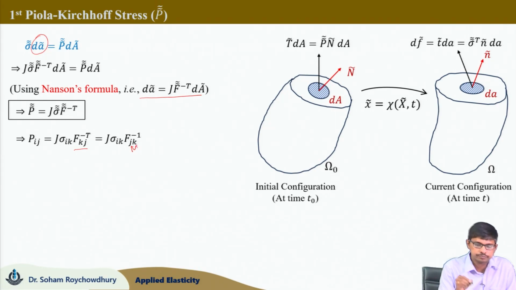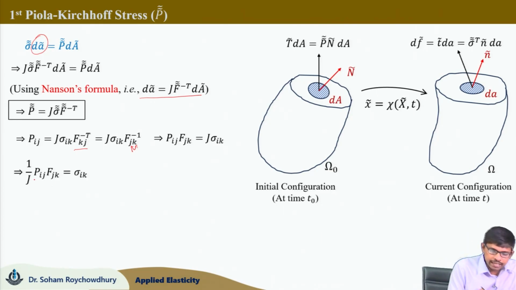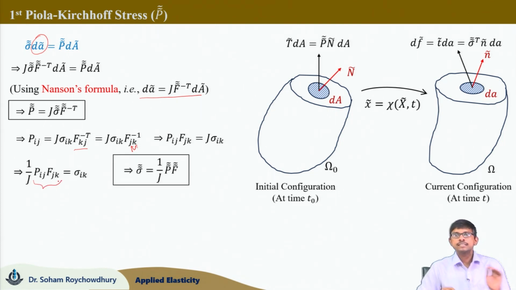Now, taking this F inverse j k from the right hand side to the left hand side as F j k, we have P i j F j k equals capital J times sigma i k, or sigma i k can be written as 1 by capital J P i j F j k. So, P i j F j k is basically the i j component of P times F, and thus the Cauchy stress tensor sigma becomes 1 by capital J P times F.